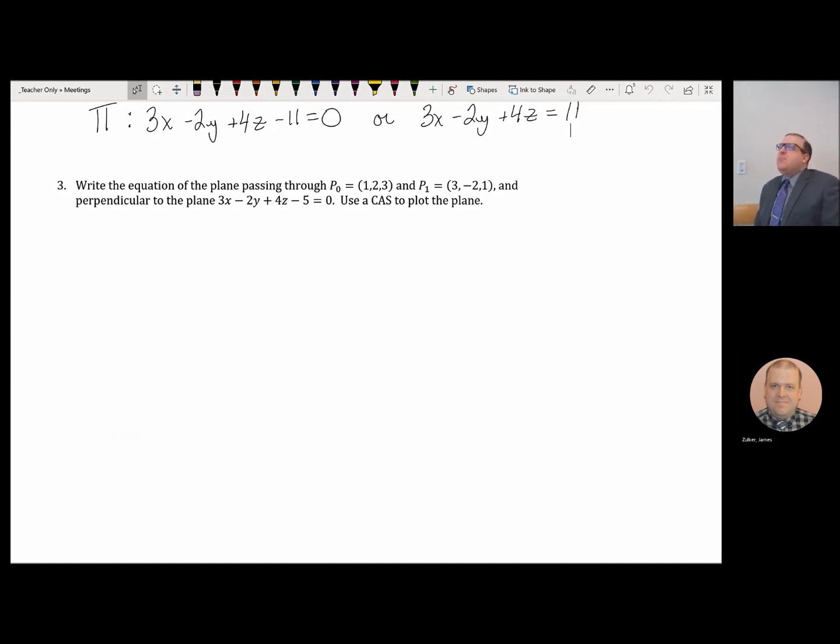The normal vector of the plane would also have to be perpendicular to any vector in the plane, right? So it has to be perpendicular to 2 specific vectors: the normal vector to 3x minus 2y plus 4z minus 5 equals 0, and the vector whose initial point is P0 and terminal point is P1.